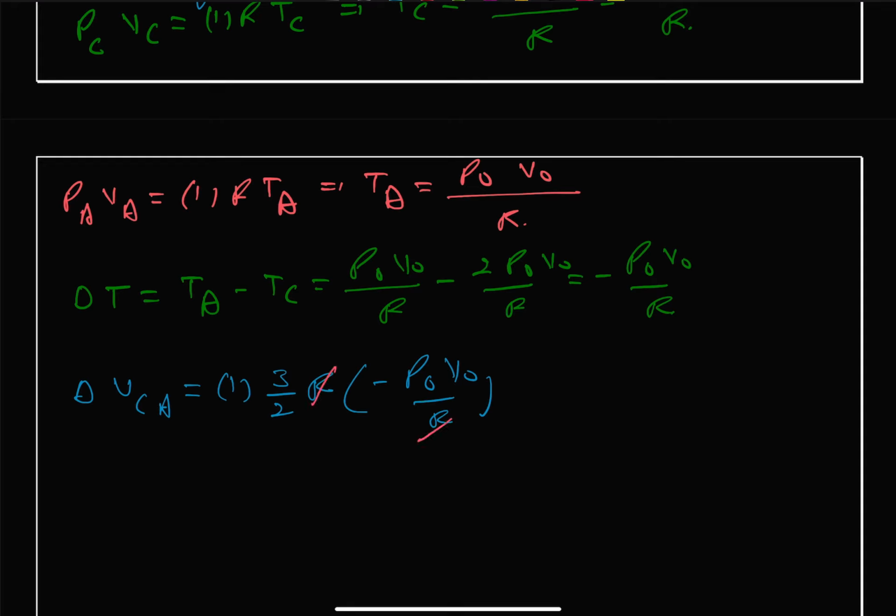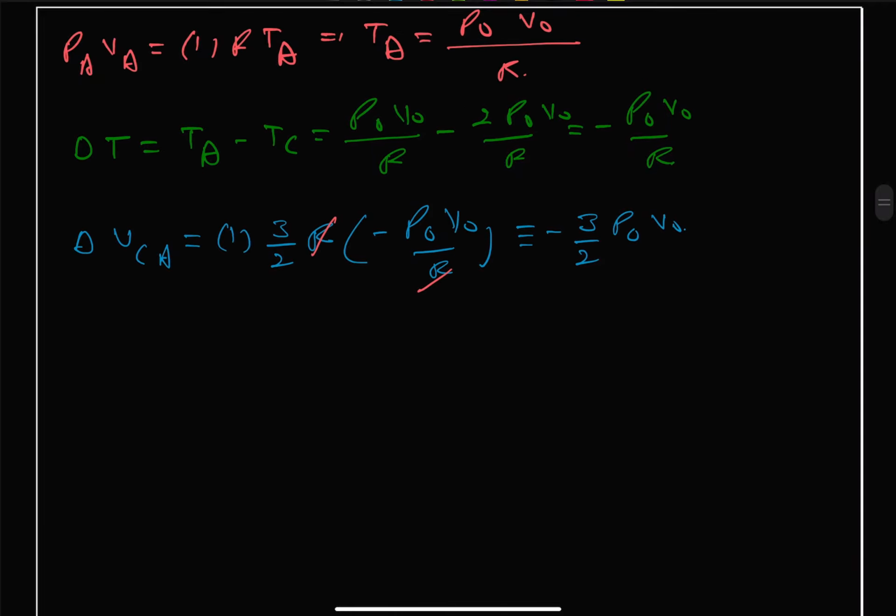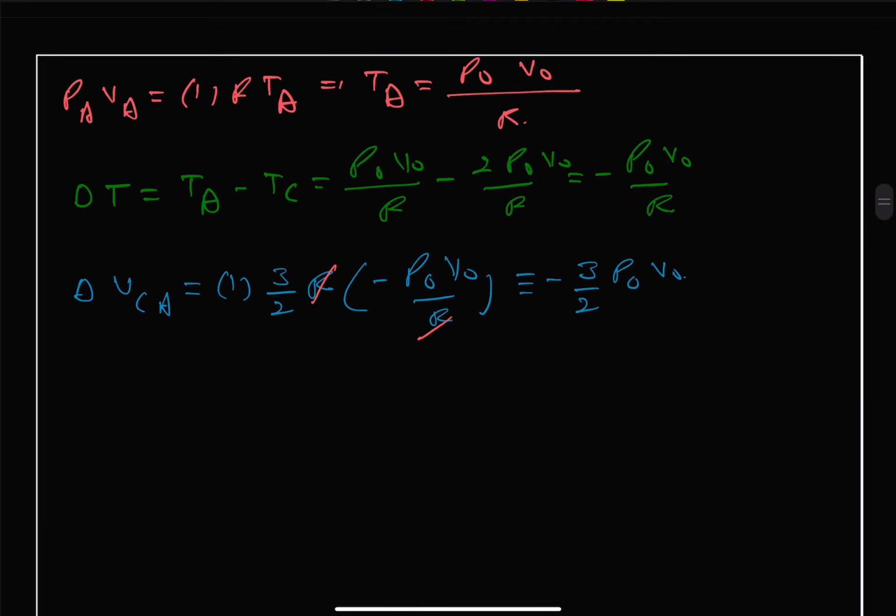R and R goes away, and we are left with this as minus 3 by 2 P naught V naught. Now we can find out the work done we required, because we found out our change in internal energy and now we find out the work done. And we can say work done on the gas, that is our WCA, will be equal to pressure times change in the volume.